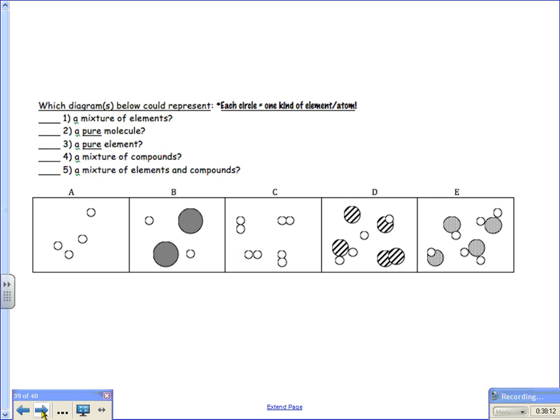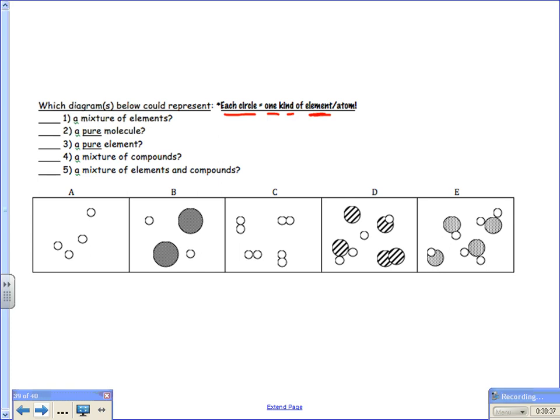Which diagrams below could represent the following 5 things? Now, I gave you a clue. Each circle represents one kind of element or atom. So, number 1, a mixture is more than one kind of something put together.